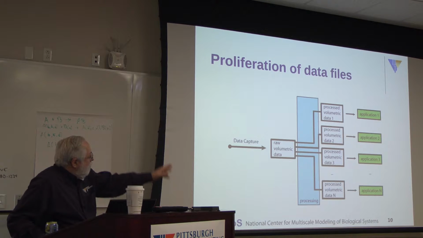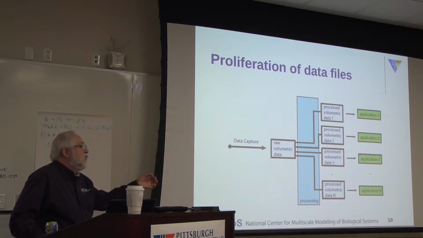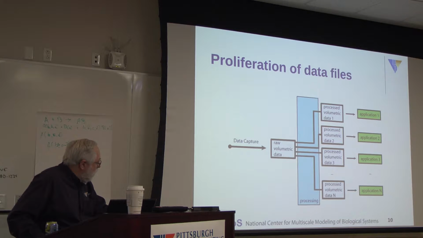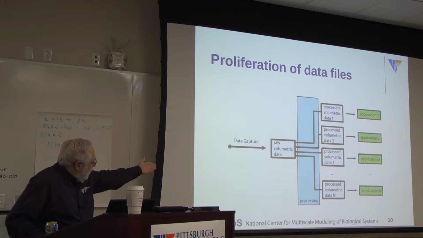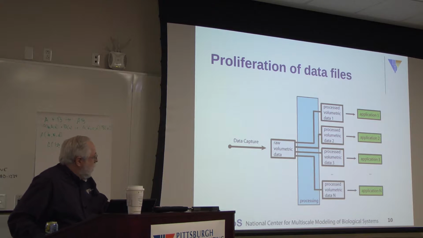Also you have various applications that are processing this data for segmentation or other analyses, and often they require slightly different formats and different access patterns. So you start with a single data set, and the conventional model is that you produce some number of intermediate data sets that go to different applications.